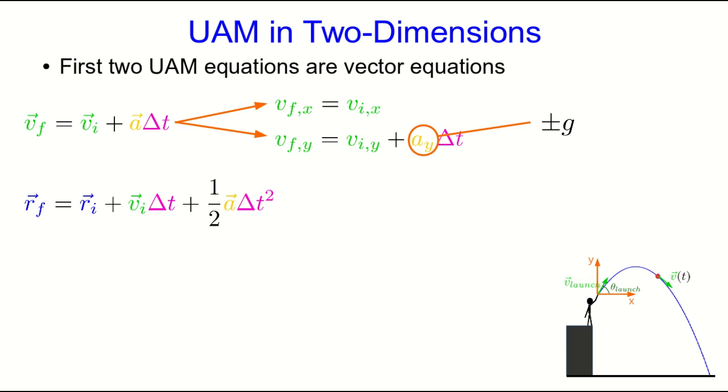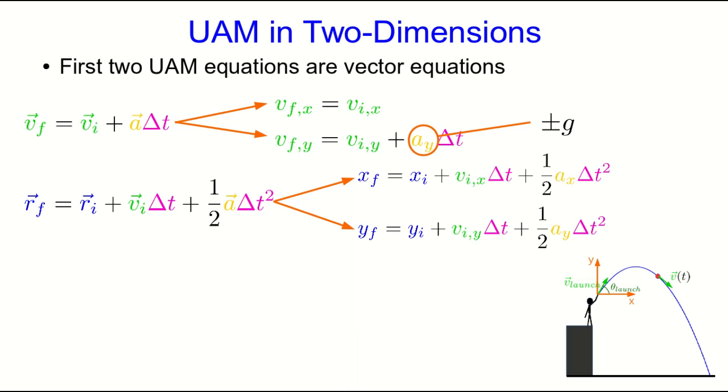In the second equation, that acceleration is plus or minus g, and I'm saying plus or minus because it depends on which way you've oriented your y-axis. And similarly, the second equation separates out into two component equations, and once again the acceleration part drops out of the x component of the equation, and in the y component we know that acceleration is either plus or minus g.